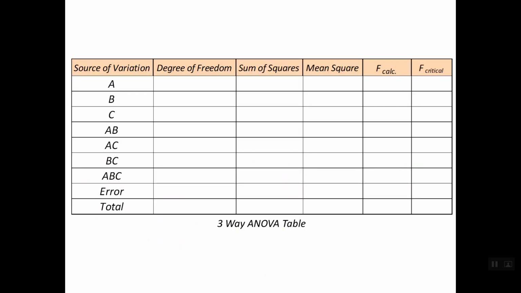This is the three-way ANOVA table, and it contains the source of variation.